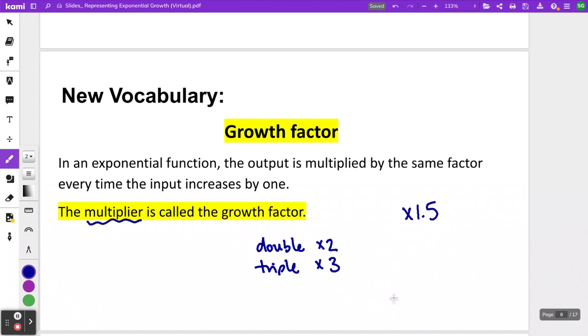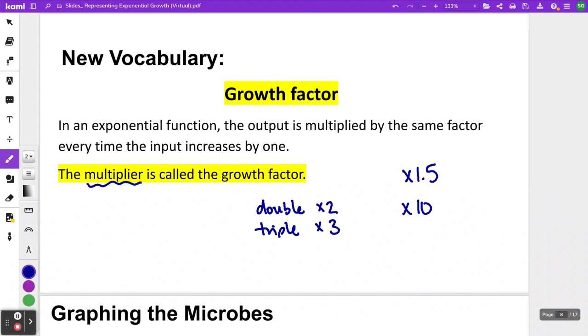You can have decimals and fractions for your growth factor, or you can have something where it multiplies by 10 every hour. I know during the pandemic, they thought that was the rate the COVID virus was spreading, right? And we talked about the growth factor a lot during the pandemic to figure out how quickly it was spreading. So that growth factor can be any number. It doesn't just have to be doubling or tripling.